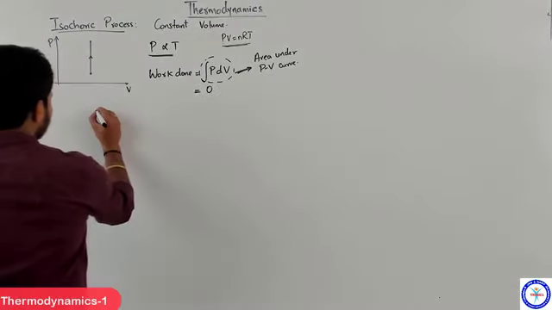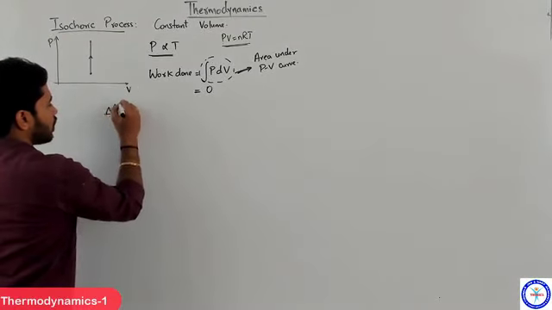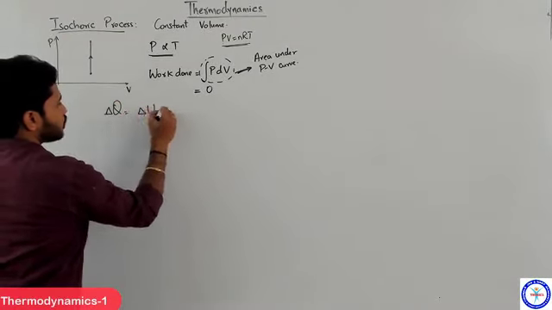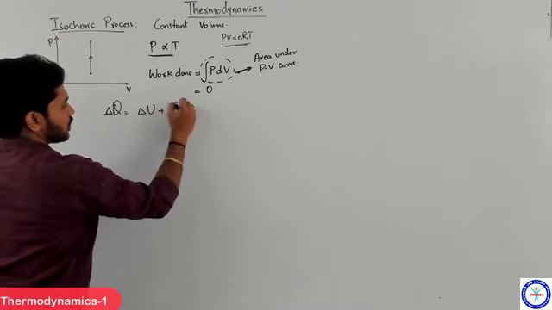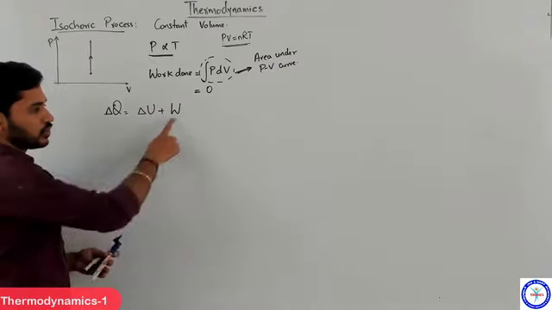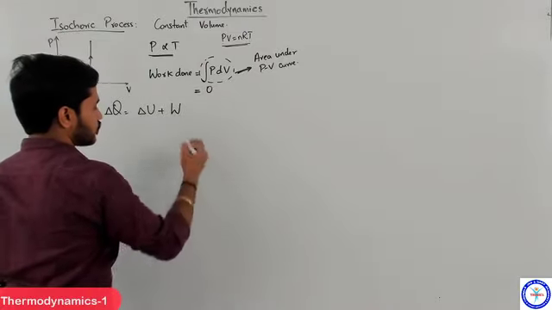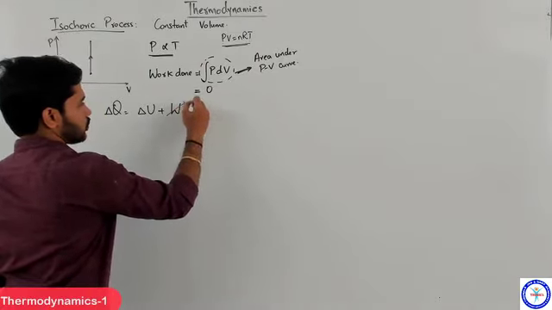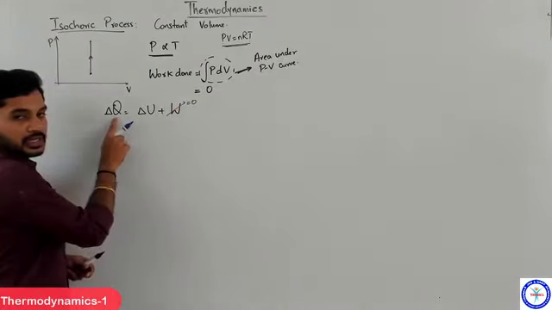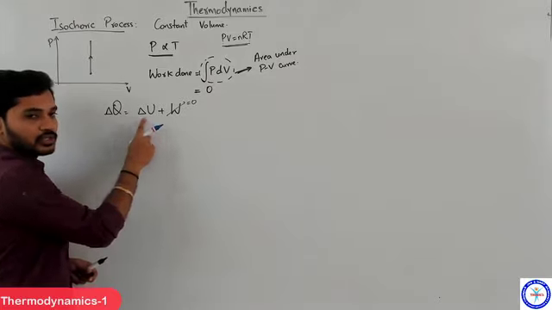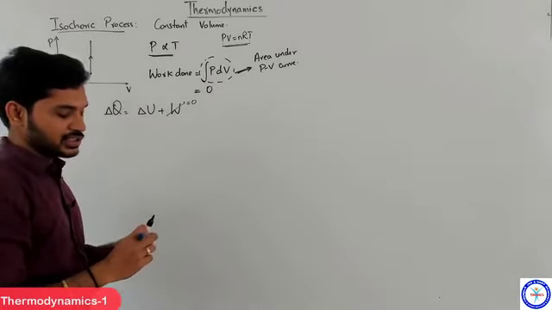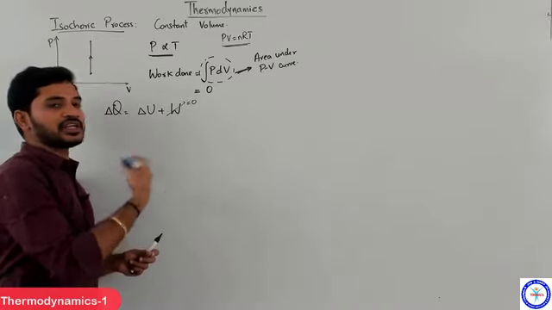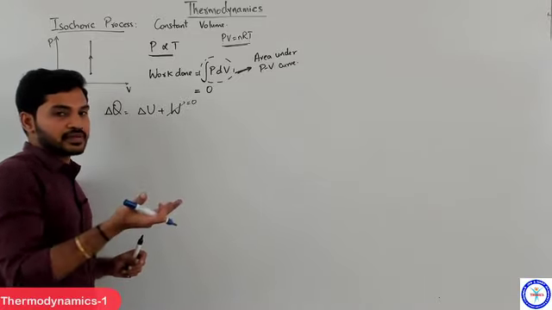If I apply the thermodynamics first law, delta Q is equal to delta U plus work done. Because this is 0, we can say heat supplied will also be directly equal to the change in internal energy. Whatever heat you are giving is completely utilized for increasing the temperature of the gas.